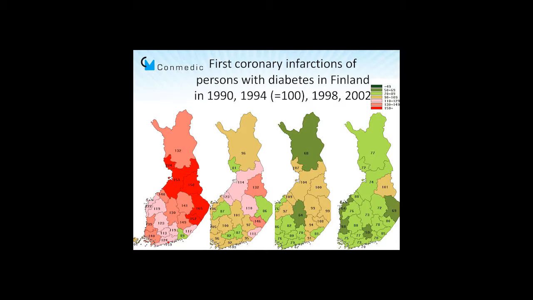So when you look at this, you can see that all the hospital districts are doing better, but some of them are really doing great work. You can see one hospital district where the development is enormously fine, but you can also find districts where the development is not so great, or if there is any development at all.